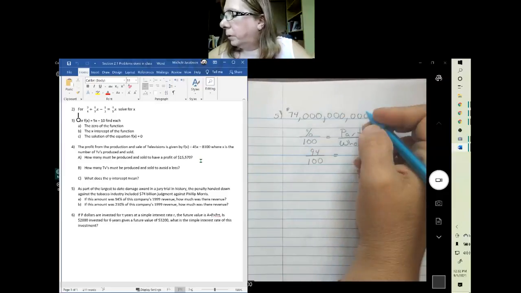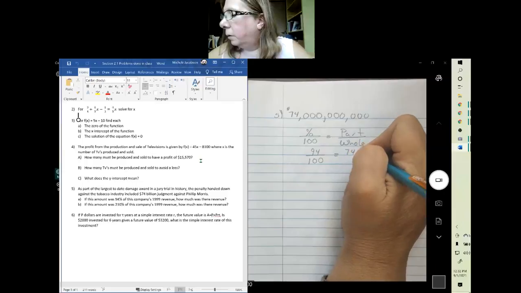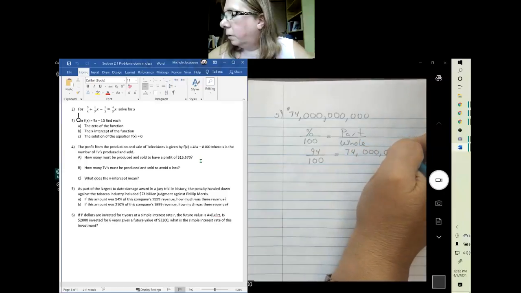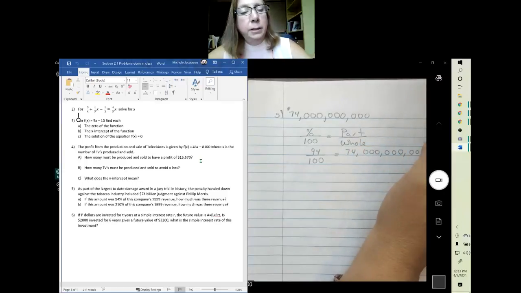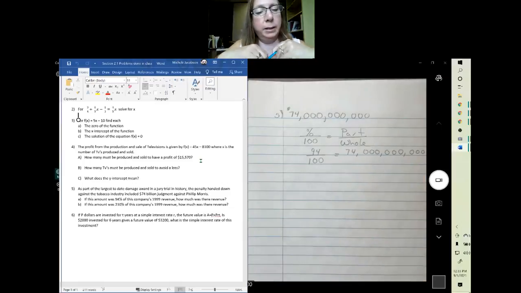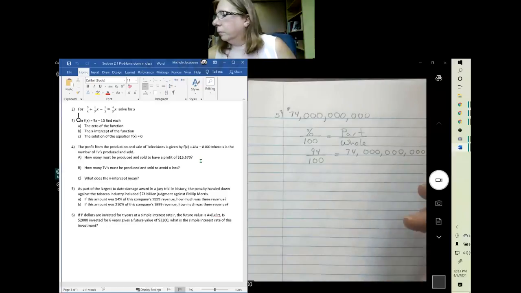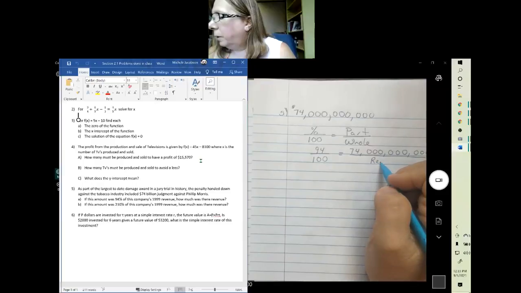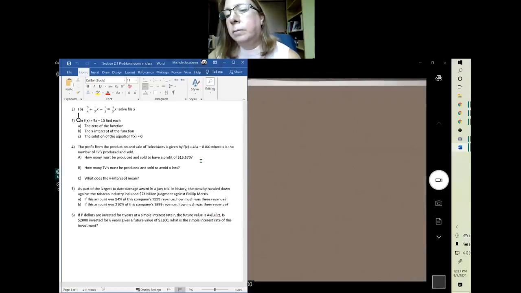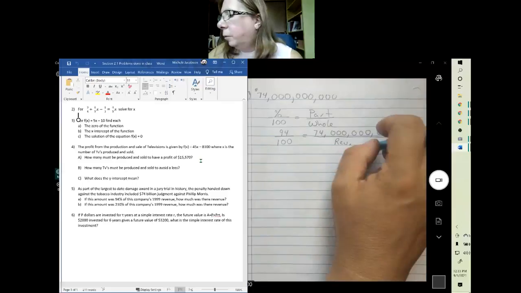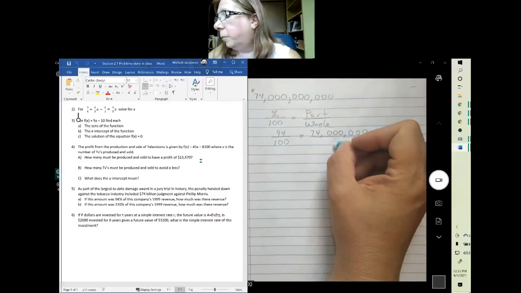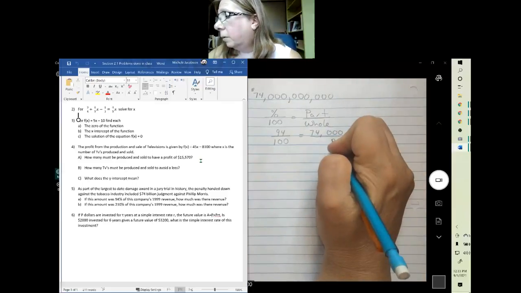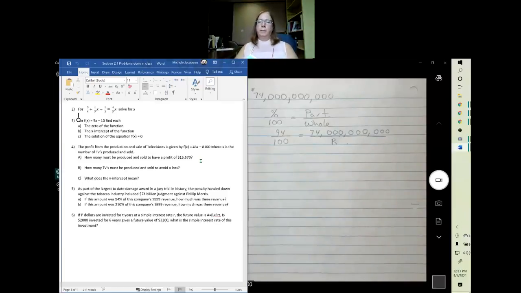And the part was the 74. Because the whole would be, it was 94% of the company's revenue. So it was 94% of the revenue. Now you could put whole, you could put R so you remember it's revenue. Just be careful you don't think of rate.